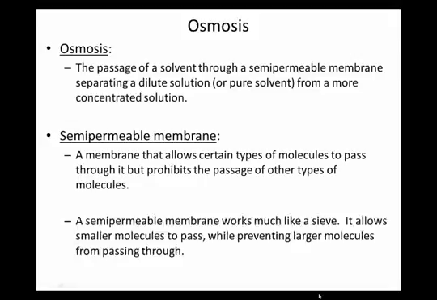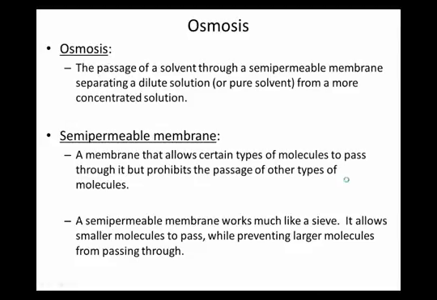Think of a semi-permeable membrane as like a sieve where it allows small things to pass through, but not bigger things. When we talk about osmosis, we're going to talk about a semi-permeable membrane that allows solvent, but not solute, to pass.